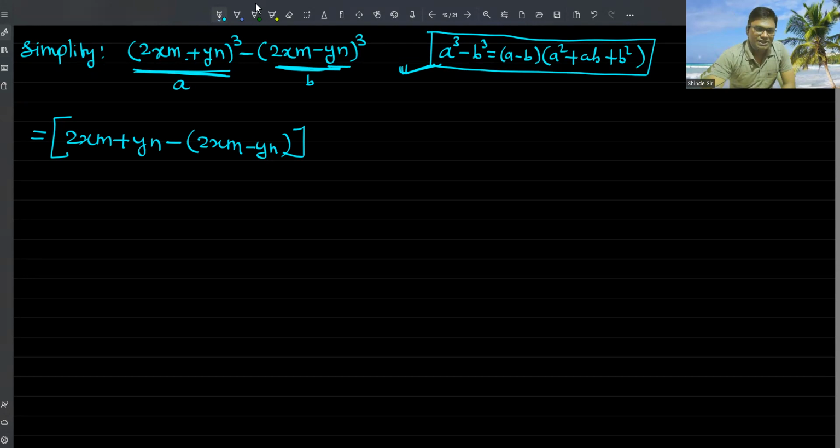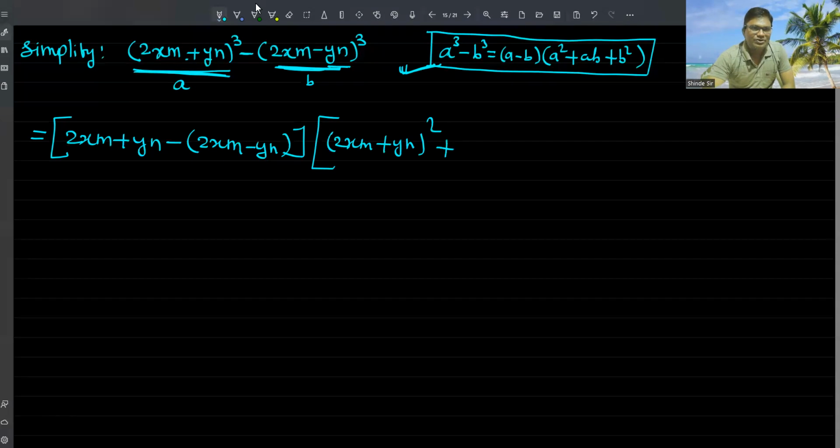Now in the second bracket, we have to make the square of a, which is equal to the square of the first bracket, that is in bracket 2xm plus yn whole bracket square. It is nothing but the a square, right?